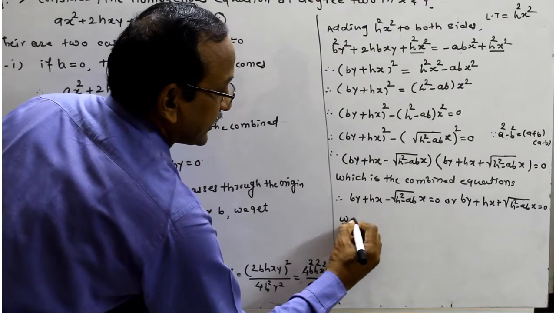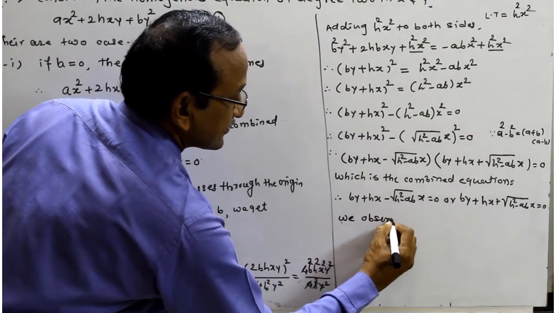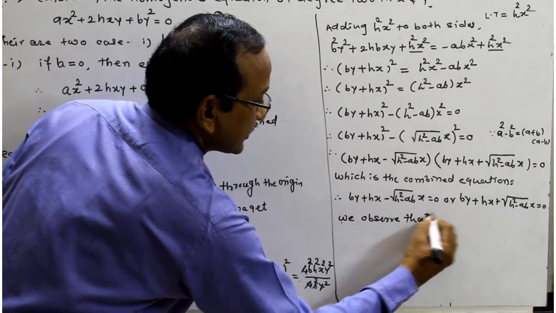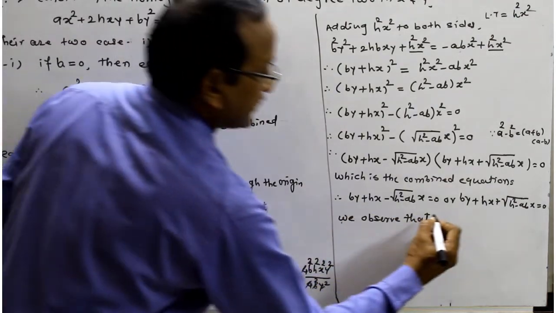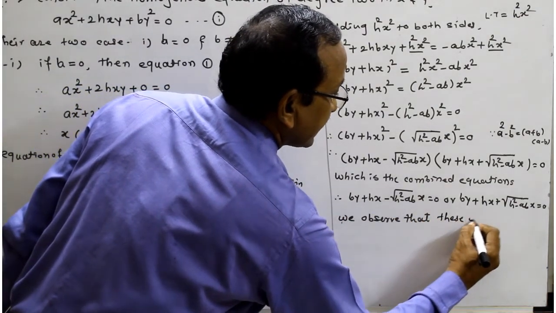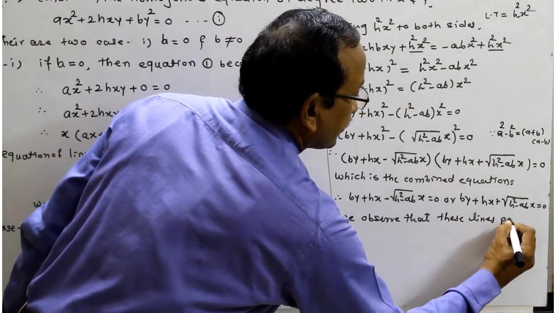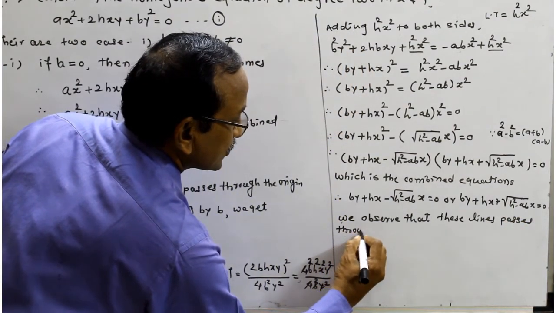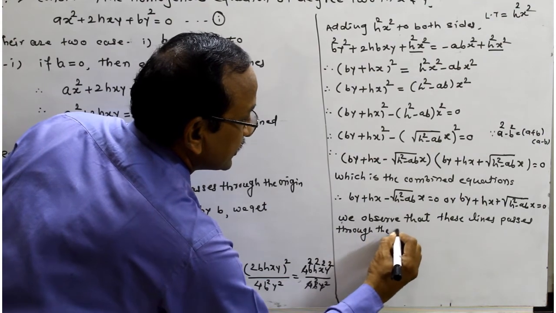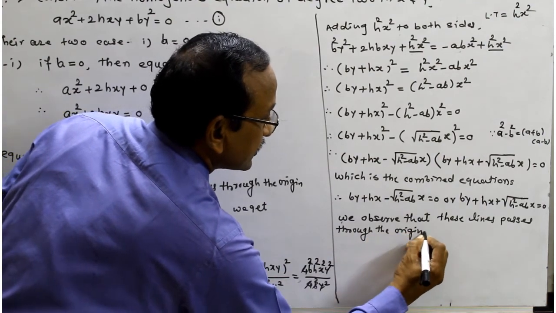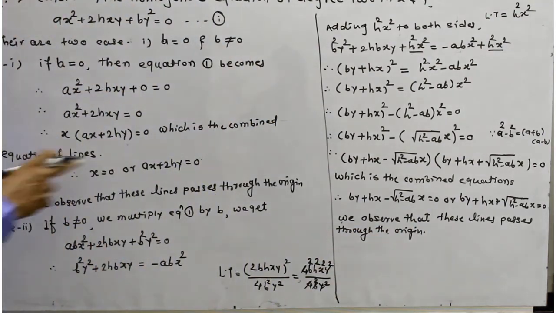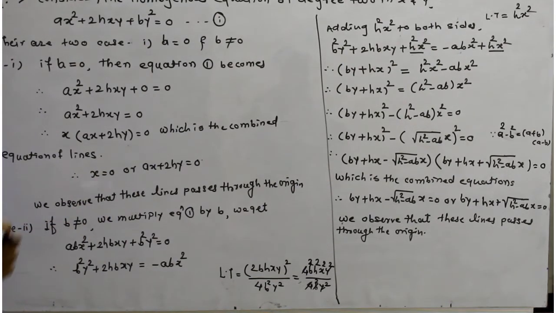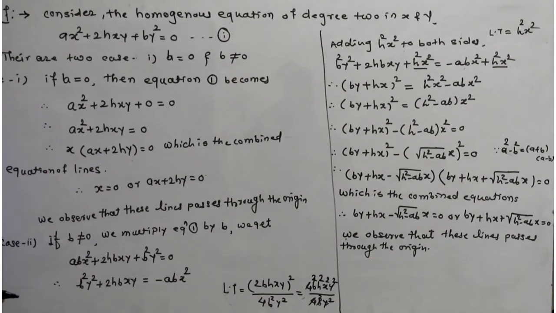We observe that these lines pass through the origin. So from case number 1 and case number 2 we conclude that these two lines pass through the origin.